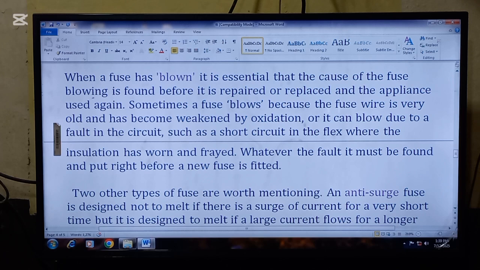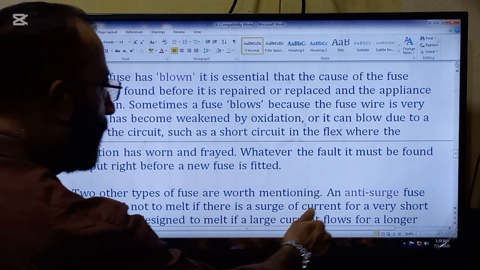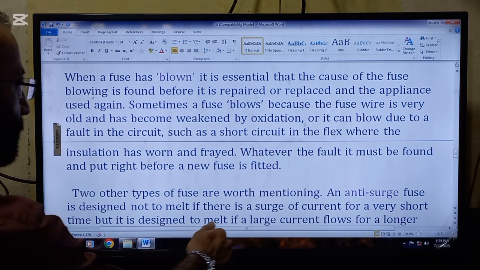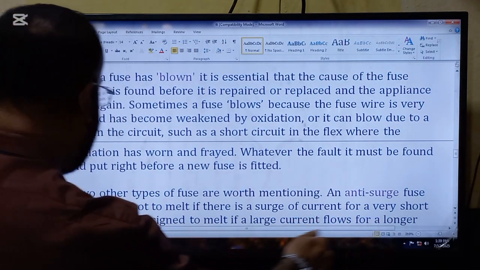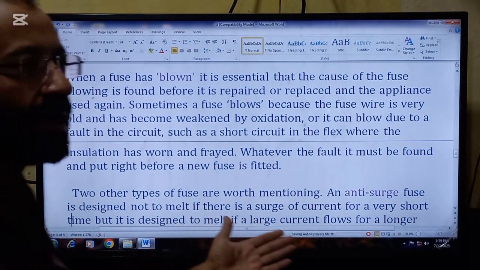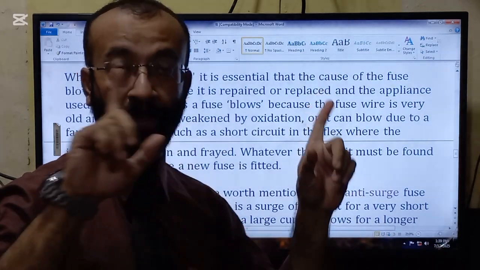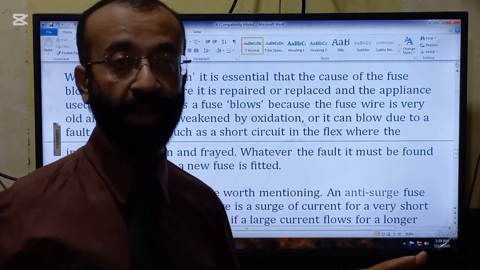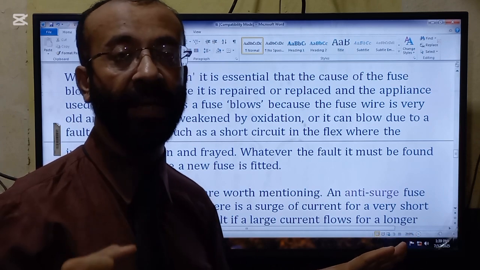Two other types of fuse are worth mentioning. An anti-surge fuse is designed not to melt if there is a surge of the current for a very short time. If the surge of the current is for a very short time, the appliances can bear this situation.